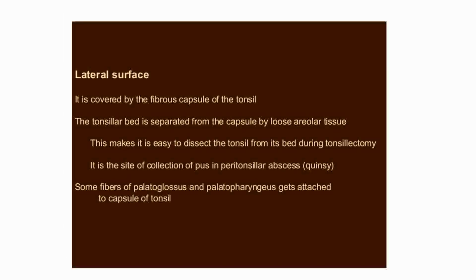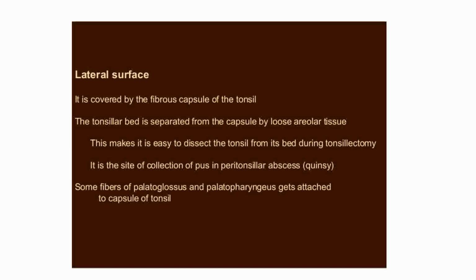Next is the lateral surface of the tonsil. This lateral surface is covered by a fibrous capsule. It is related to the tonsillar bed structures, which I already mentioned in the boundaries. The lateral wall forms the tonsillar bed. There is a gap between the tonsil and the tonsillar bed that is filled by loose areolar tissue.